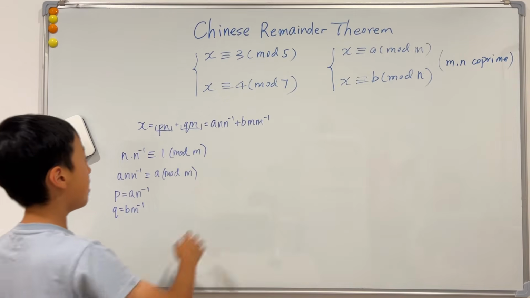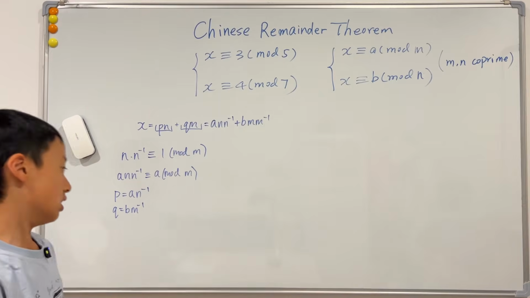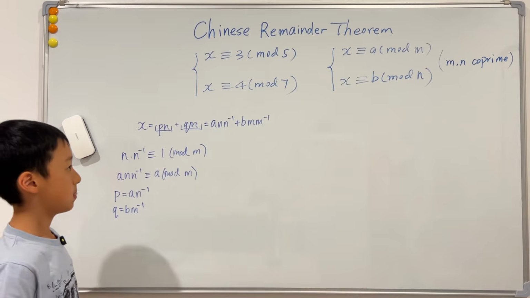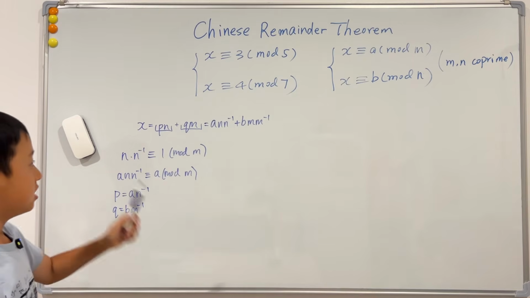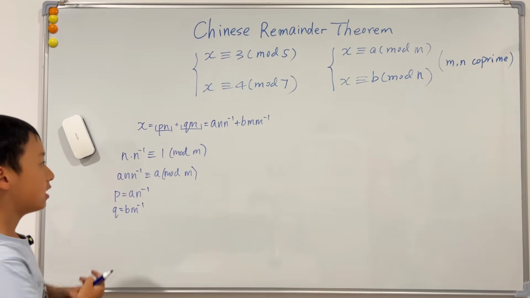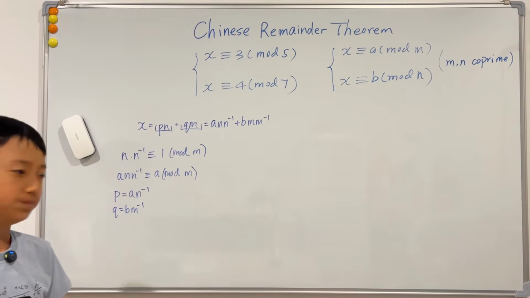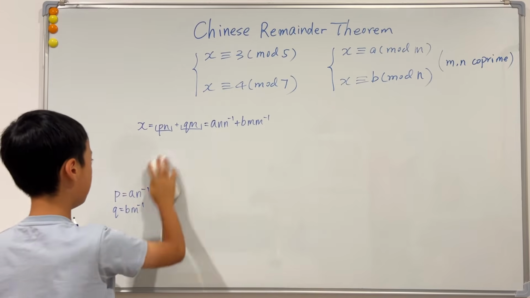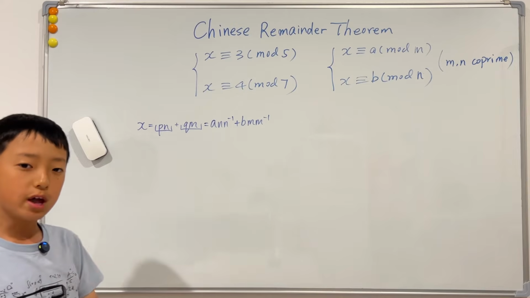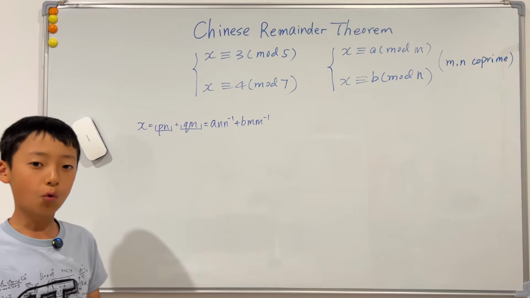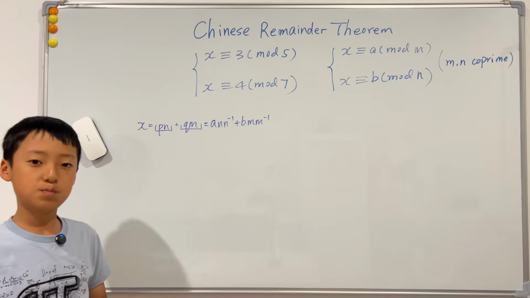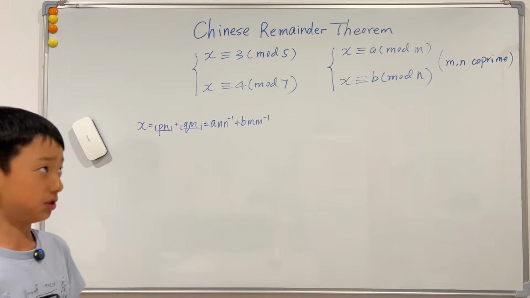Okay, so now that we have this, the real question is, we have to find n inverse and m inverse. And to do that, I'll actually use these examples over here. So this is basically explaining you two things at once. So I'm going to rub this out, and then to find the inverses of a number, the way we do this is we first use ordinary Euclid's algorithm, and then we go backwards by using the extended Euclid's algorithm.